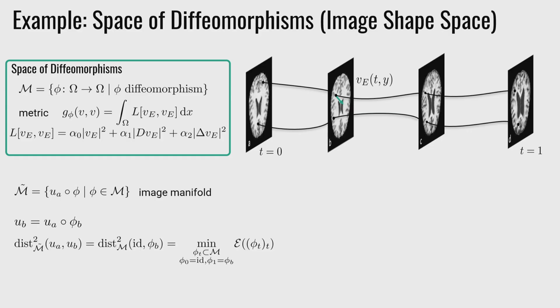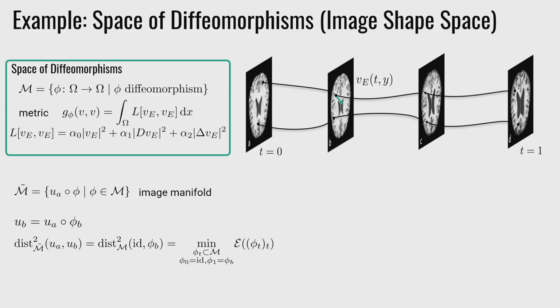And now, to define a distance between two images, you are not defining something pixel-wise, so you're not saying, okay, I measure the difference between pixels of my image UA and UB, but instead I go back to this diffeomorphism space, and there I measure how large is the deformation between image UA and image UB.